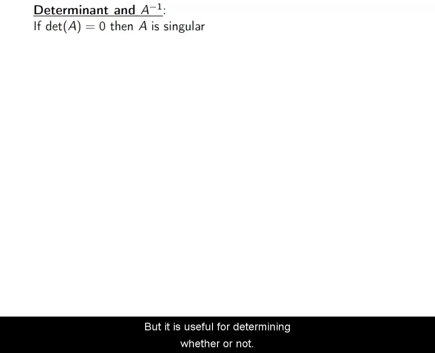But it is useful for determining whether or not an inverse actually exists. Okay, so a lot of times finding the determinant is a lot faster than computing the actual inverse of a matrix. So if I need to know whether or not I can find an inverse and solve a system, sometimes it's just easier to compute the determinant of that coefficient matrix and say, well, the determinant of this thing is 0, so there is no inverse, so I can't solve it, right?